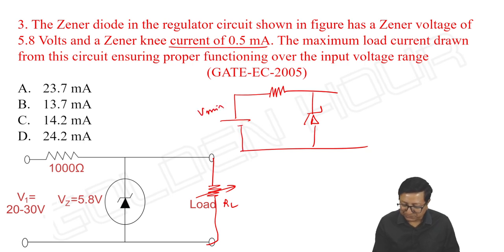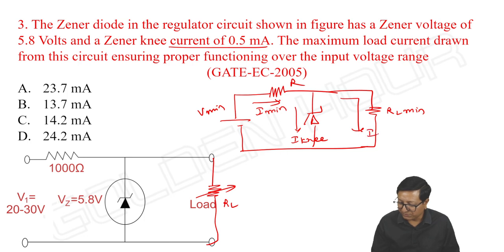Input is minimum, RL is minimum. At that time it is the knee current. As input is minimum, it is I minimum. As RL is minimum, IL is maximum. So they are asking the maximum load current drawn. Input minimum I should take here. It is 20 volts, R is 1K and VZ is 5.8 volts.